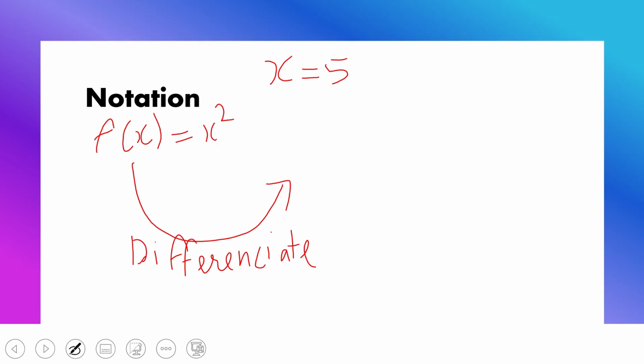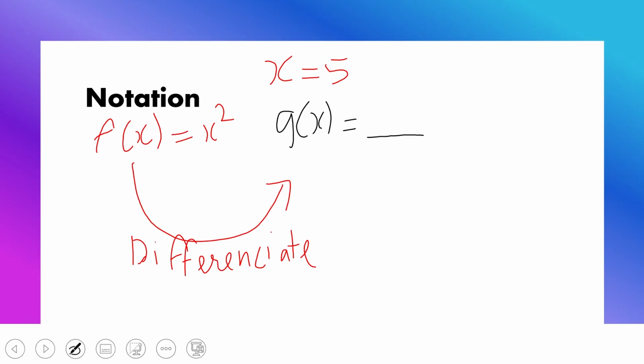Differentiation can also be called finding the derivative. So when I say finding the derivative, it's basically the same thing as saying differentiating this function. Differentiating just means basically doing something to the function to get another function. So when you differentiate this function, you get another function g of x, and you don't know what g of x is right now. We'll learn how to differentiate in the next slide.